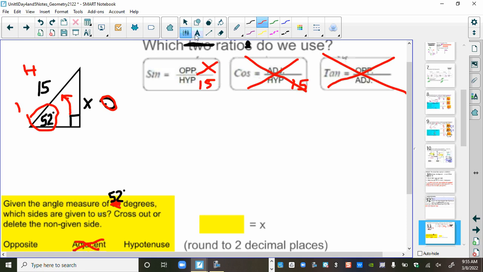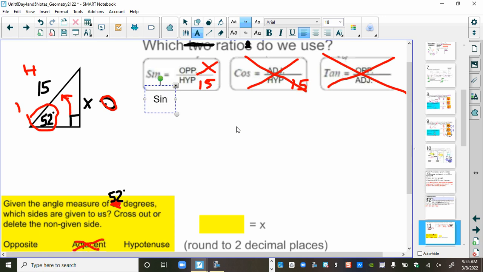So then our setup is going to be the following. It's going to be the sine. What's our angle measure? 52. That's going to equal, well, I'm going to fill it out in a second.